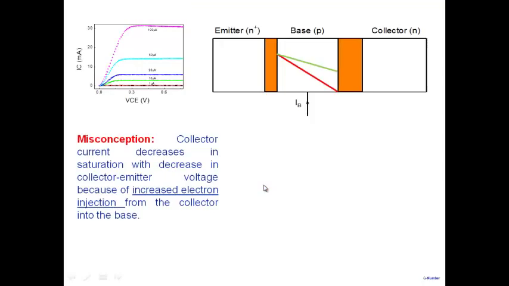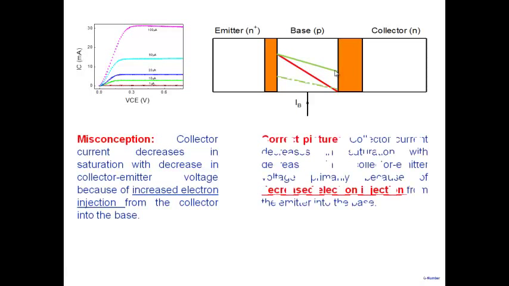All right. So what was the misconception? The misconception was that the collector current is dropping from here in forward active mode to saturation here because of increased electron injection into the collector, and we said the slope is becoming smaller. What is the real thing here? Collector current decreases in saturation with decrease in collector emitter voltage primarily because of decreased electron injection from the emitter into the base.